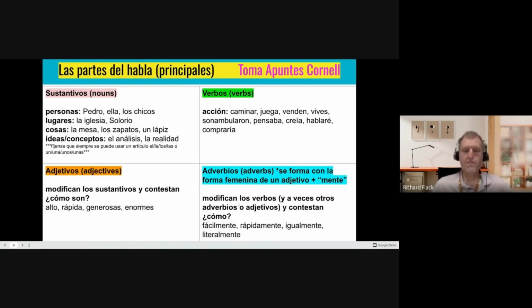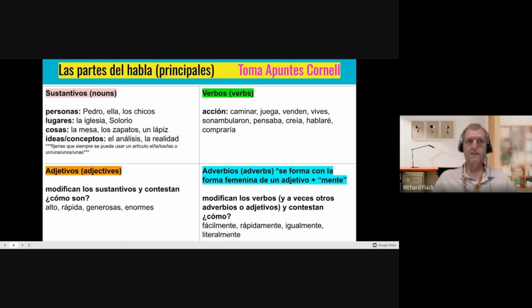So an adverb modifies verbs mainly. They tell us how the action was done, but they can also sometimes modify another adverb or an adjective. They answer how. How do they run?